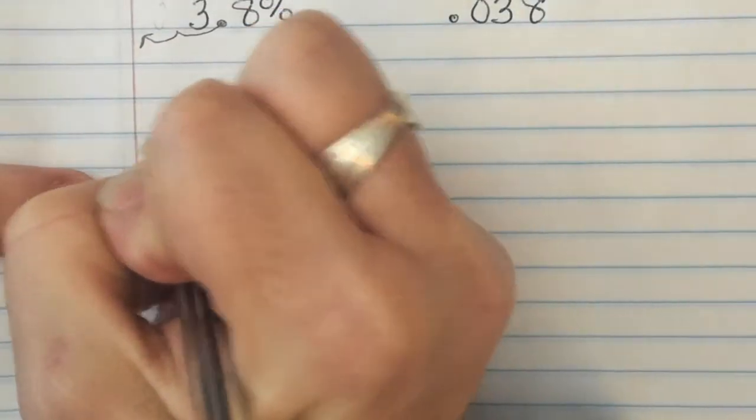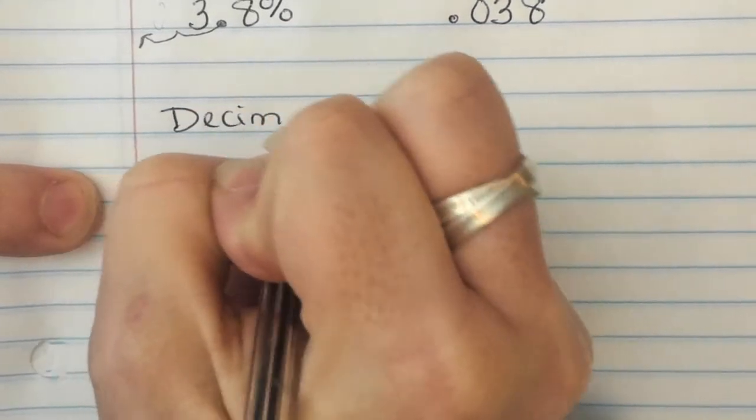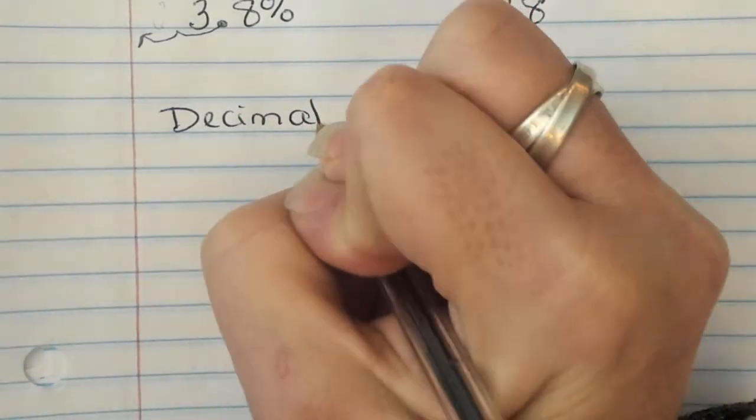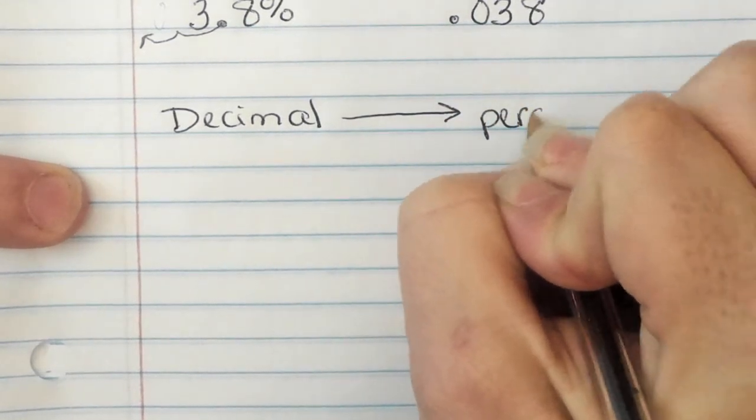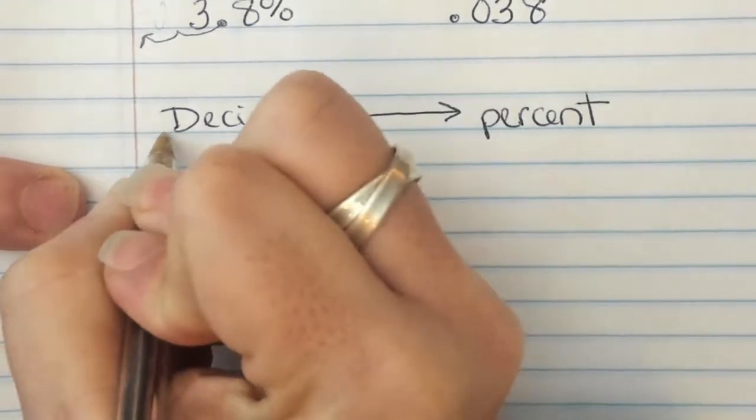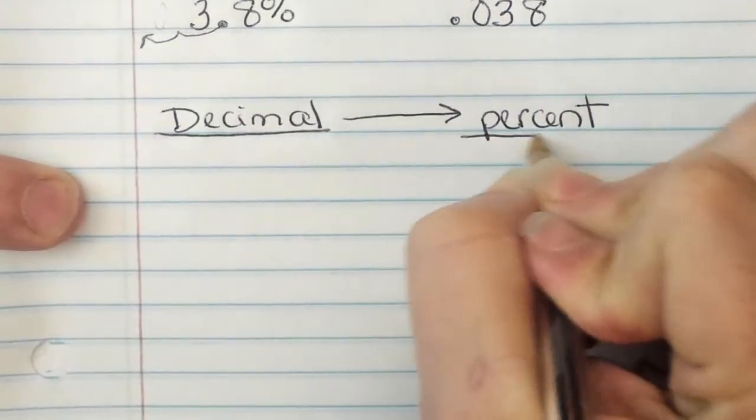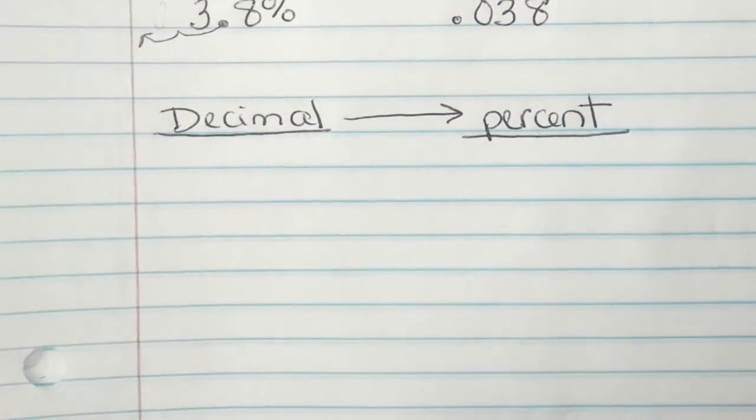Okay, go into the next section. We are now going to change a decimal, and we're going to change it to a percent. Yes, and we did do this yesterday, just to refresh what to do though.